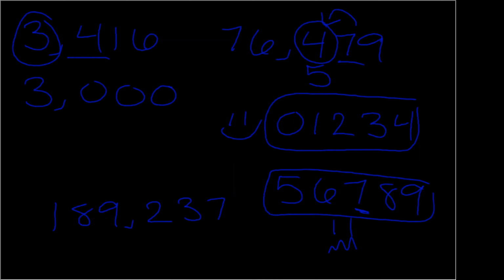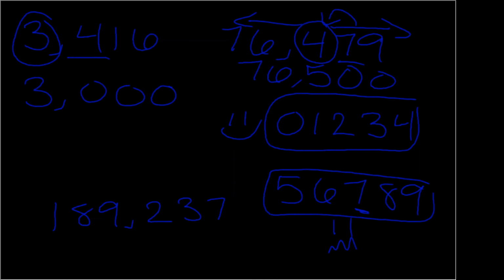Now everything to the left of my circled digit stays the same. That means my 76 stays the same. And just like our last number, everything to the right of my circled digit becomes a 0. So if I'm rounding 76,479 to the nearest hundreds, it's going to become 76,500.